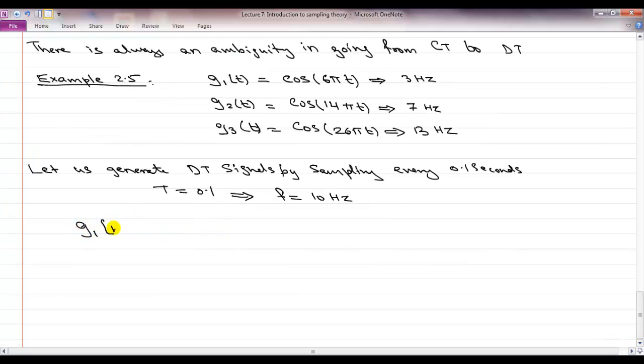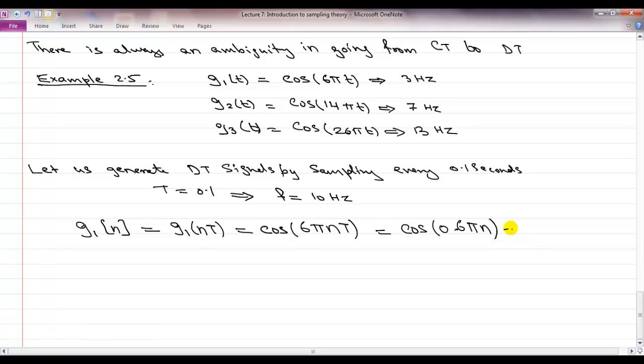It is just plugging in the value. So g1[n] is simply g1(nT), which is cosine of 6 pi n capital T, and then I'll plug in the value of capital T, so I get cosine of 0.6 pi n. So this is now a discrete sinusoid. So I've sampled a continuous sinusoid to get a discrete sinusoid with a frequency of omega naught equal to 0.6 pi.